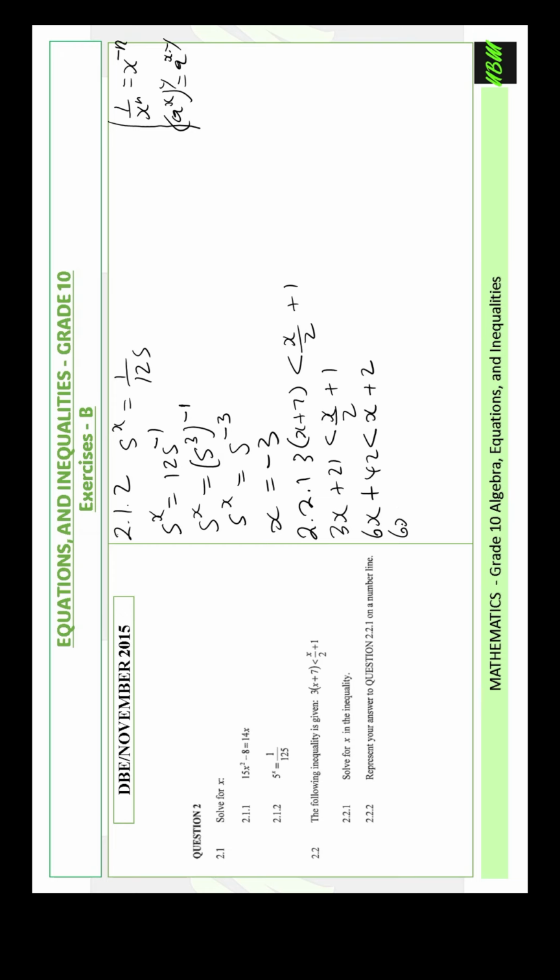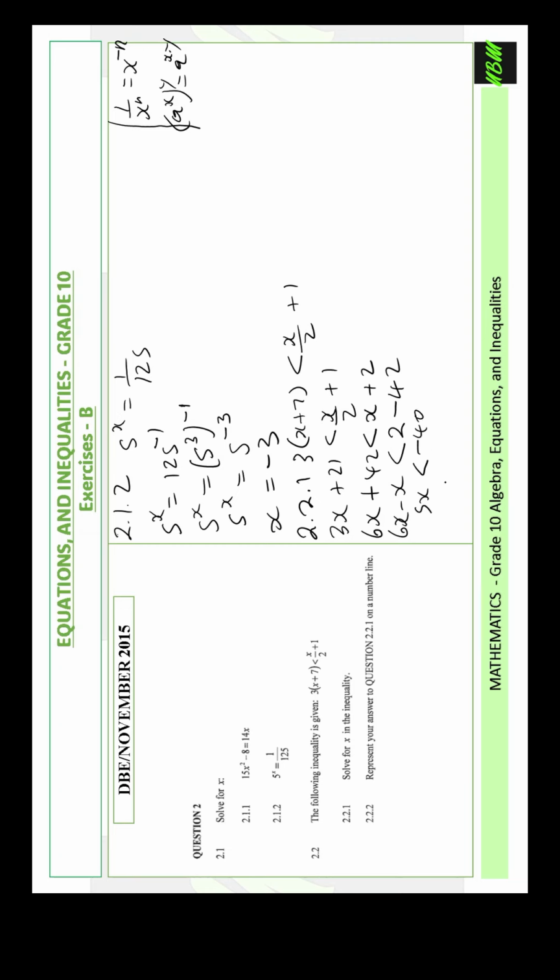We'll have 6x minus x is less than, on the right hand side we still have 2, then transposing 42 to the right hand side, now it will be minus 42. Then 6x minus x is 5x. This will be less than 2 minus 42 will be negative 40.